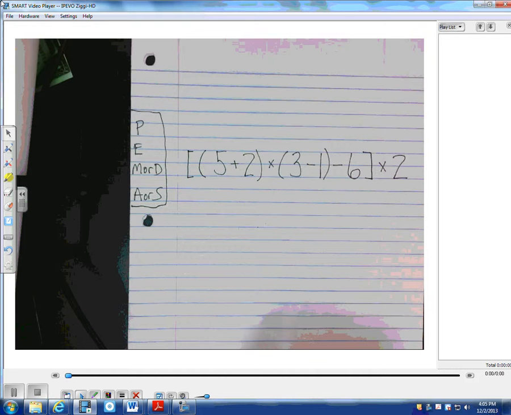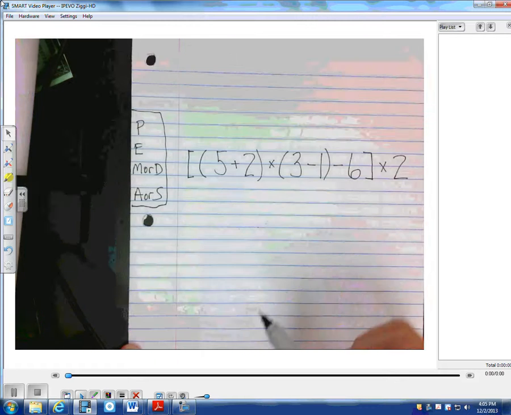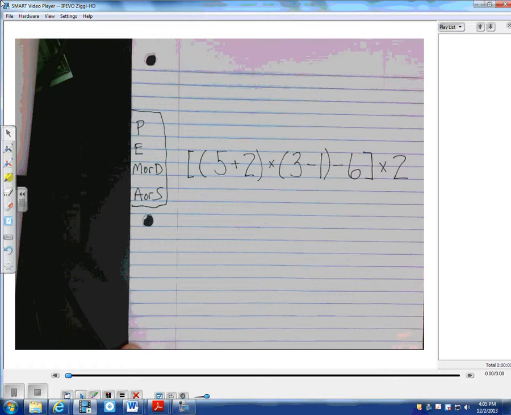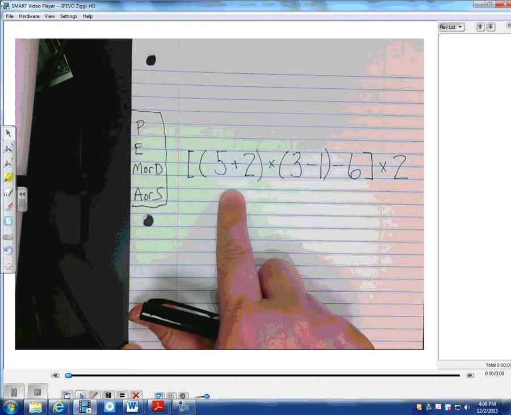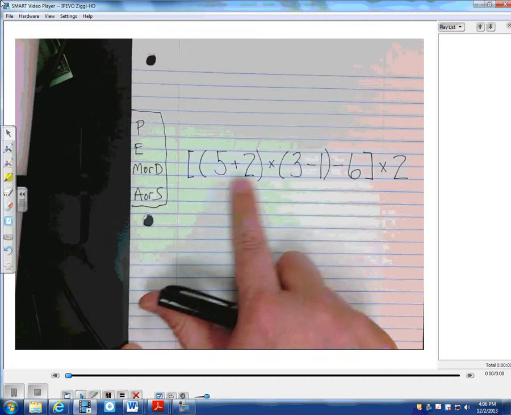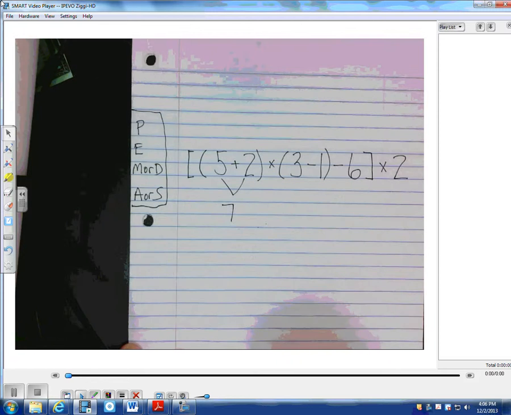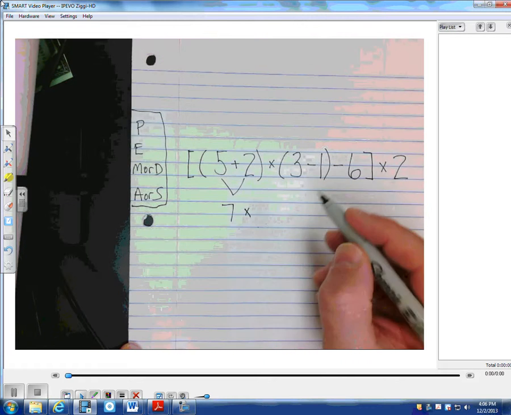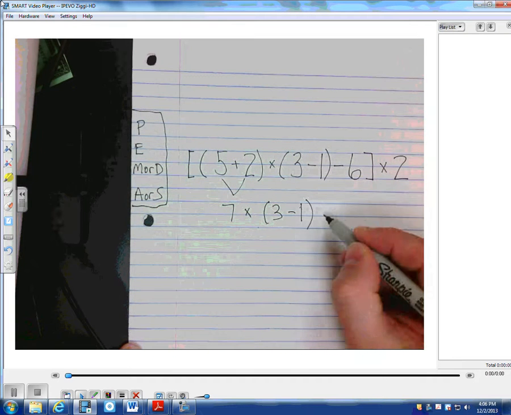Okay, I will start this problem with you, and then you will finish it on your own. I know I have my brackets here, which is kind of the same thing as parentheses. So inside the bracket, I'm going to do my parentheses first. So I have 5 plus 2, which I know is 7. Okay, so I'm going to rewrite my problem. Remember, rewriting your problem is very important.